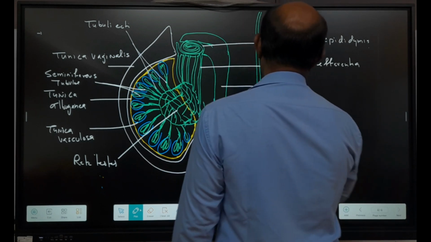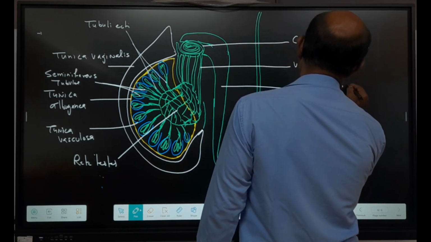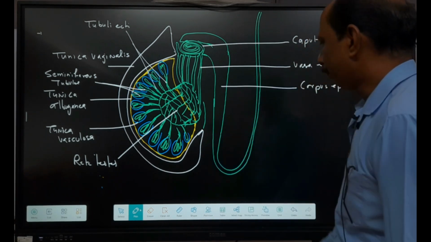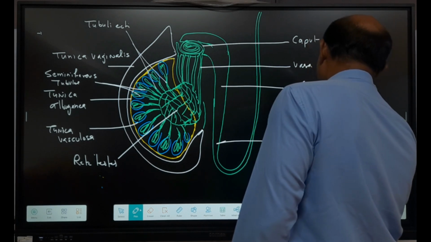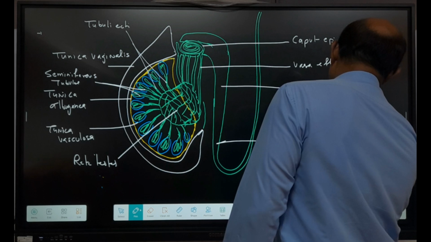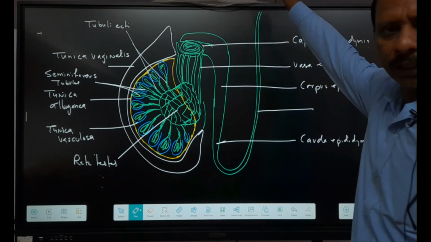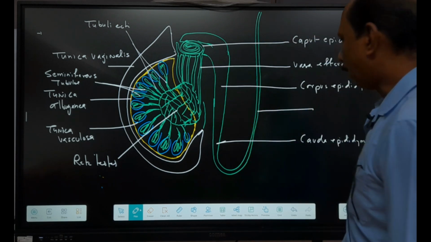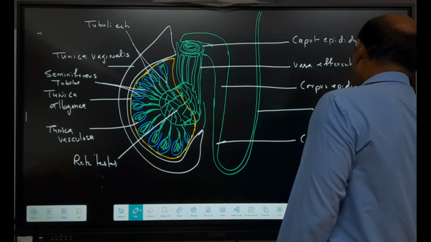This one, the body of the epididymis, is called corpus epididymis, right? This is called the tail region, the cauda epididymis, and the region which goes outside the testis and comes into the abdominal cavity is called vas deferens.